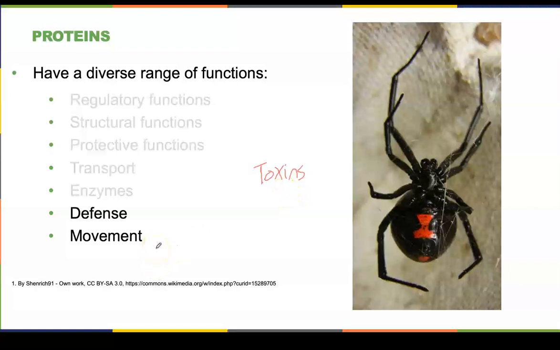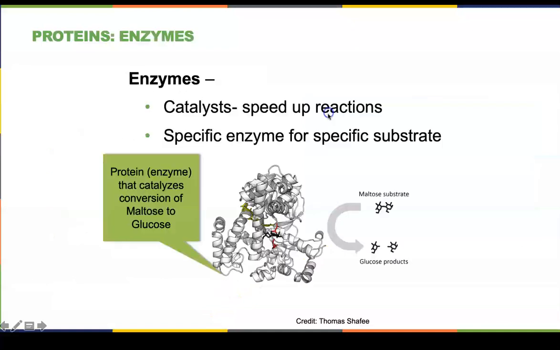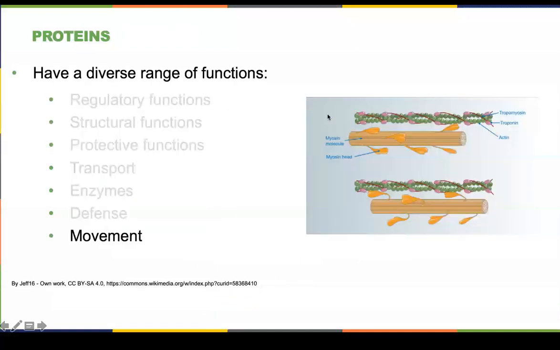And a final function of proteins that we'll talk about are proteins for movement. And one such example of this are the actin and myosin proteins. So we can see actin in the green up here. And myosin is this larger structure down below.